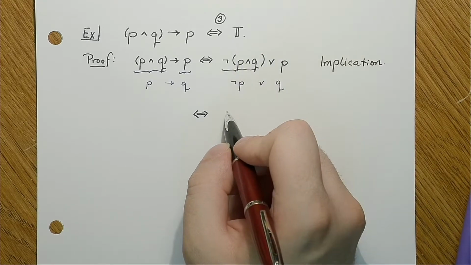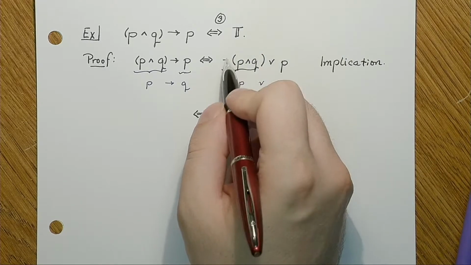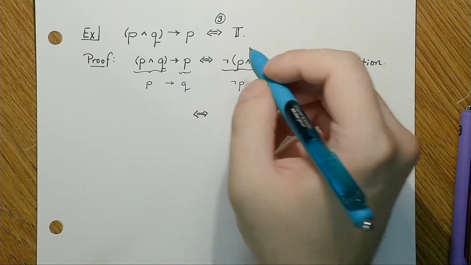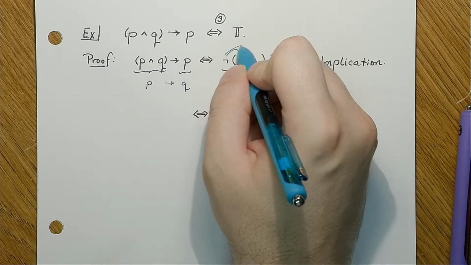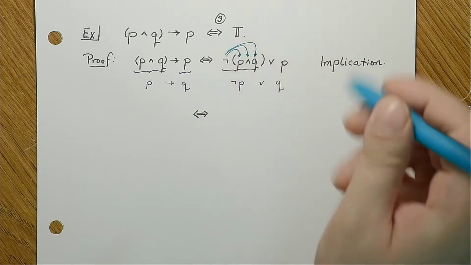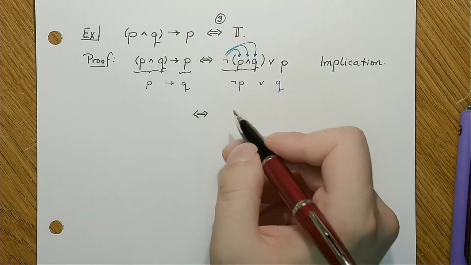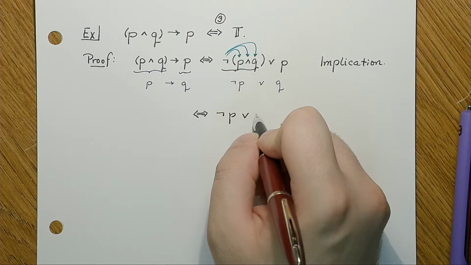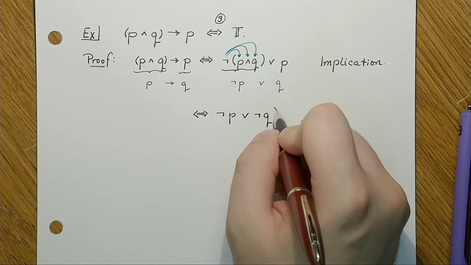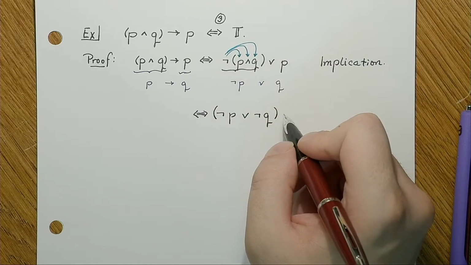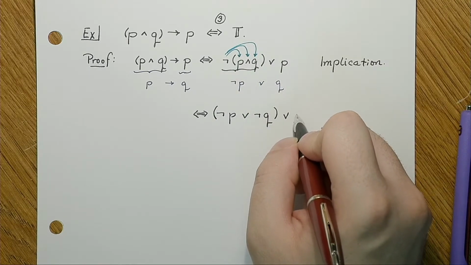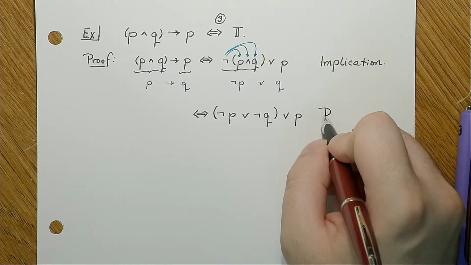Then I can apply De Morgan, so distributing this negative. So I get not P or not Q, or the P. So this is De Morgan.